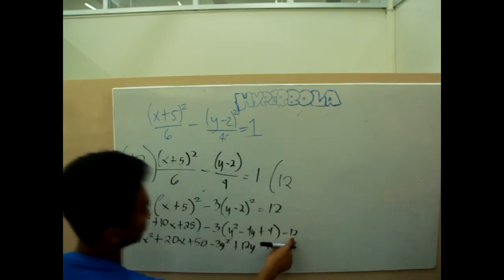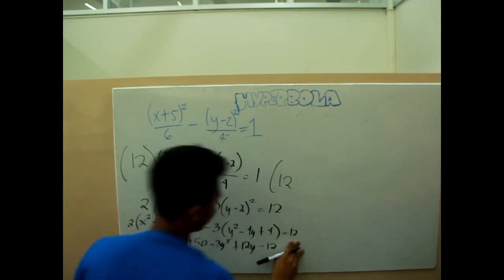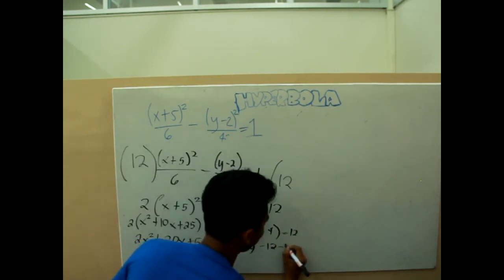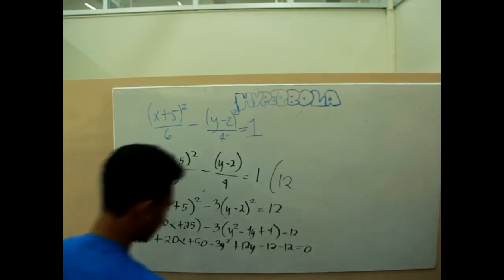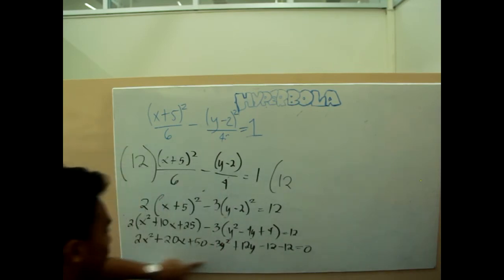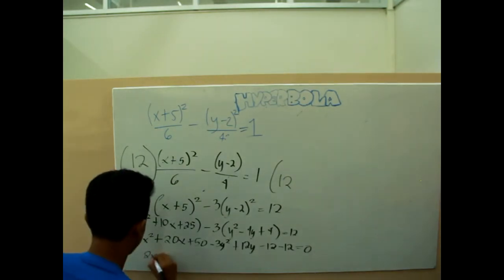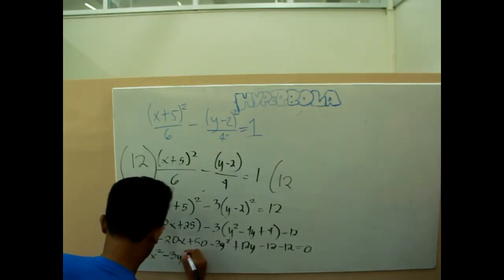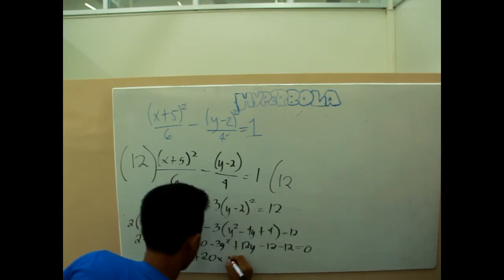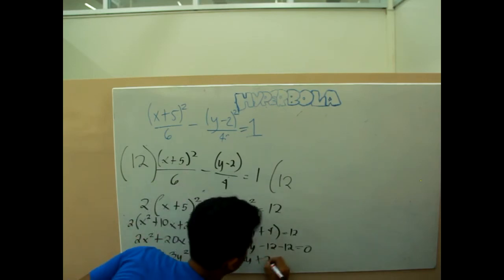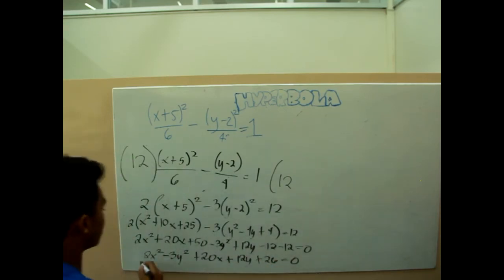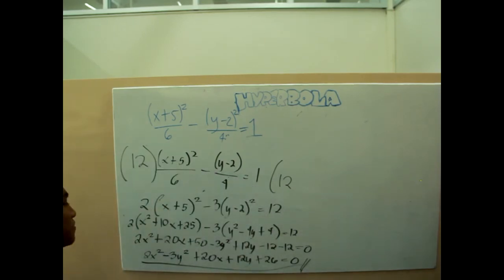Then we're going to transpose this 12 to the other side, so this will become minus 12 equals 0. Combine like terms or simplify it. So this will become 2x squared minus 3y squared plus 20x plus 12y plus 26 equals 0. So this is your general form.